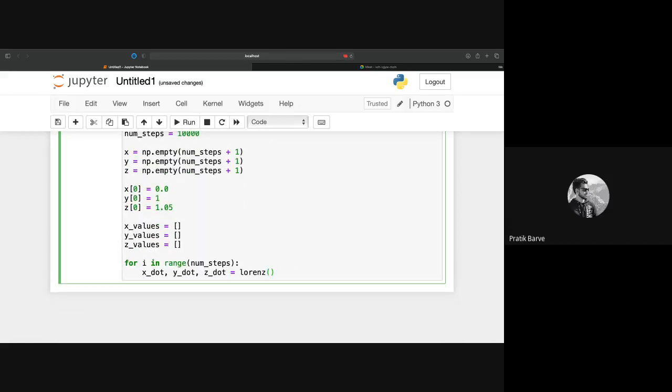And the order of parameters is the xi value. So for i equals 0, it will take the initial values and then it will keep on changing them. Then yi values, then zi values.